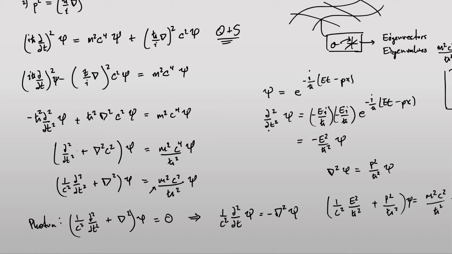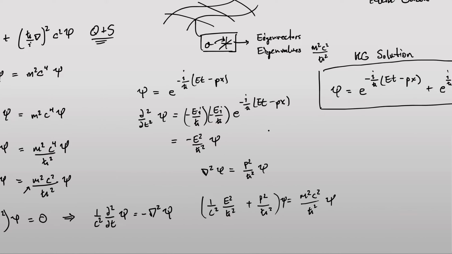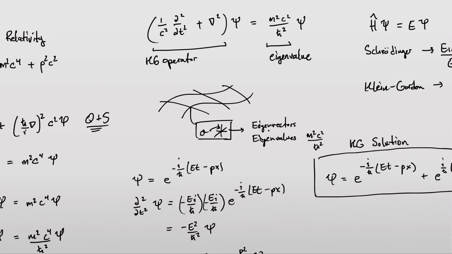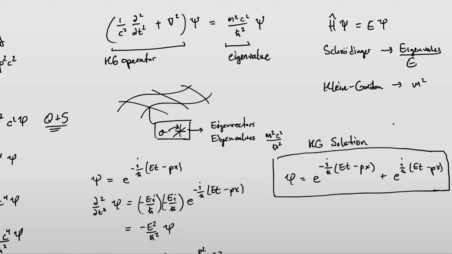Okay, I think it's going to be a little bit too time consuming to track down that negative, but the point is that the Klein Gordon equation is a wave equation, and the wave equation has wave solutions, which look like this.